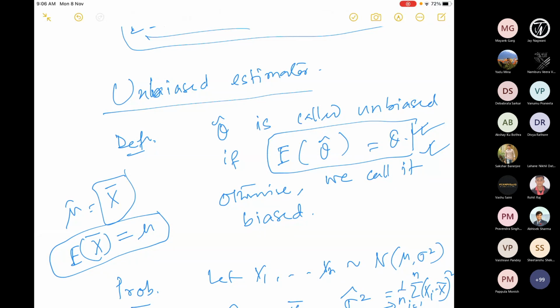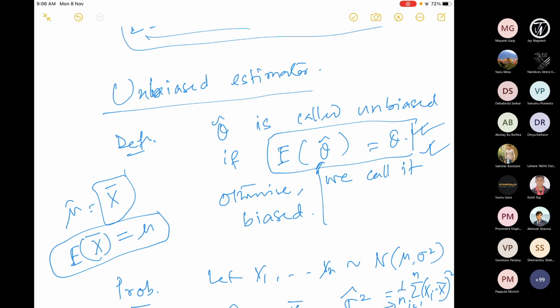Theoretically, if you knew the value of theta, you could compute the expectation of the statistic and check whether it is equal to theta or not. So there is actually no way to check whether an estimator theta hat is biased or unbiased.